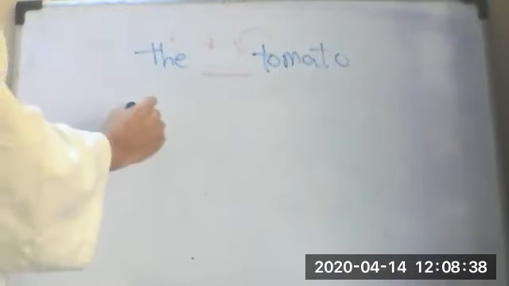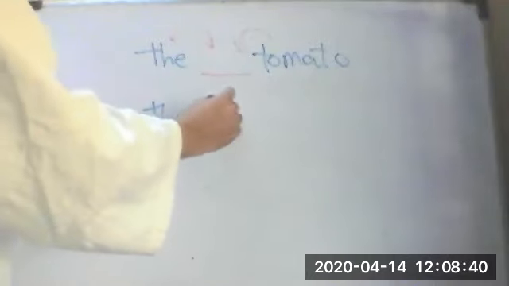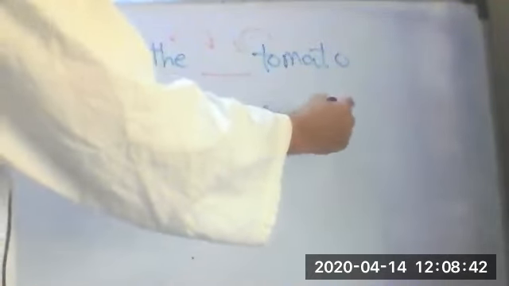यानी कि हम ये कह सकते हैं कि the red tomato, और हम क्या करें कि बीच का वर्ड रखें और ये साइड वर्ड्स निकाल दें, right?